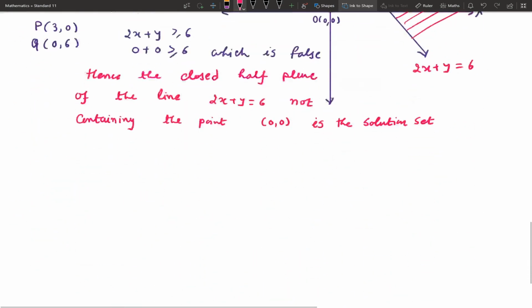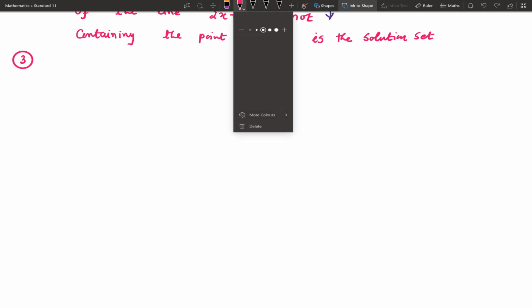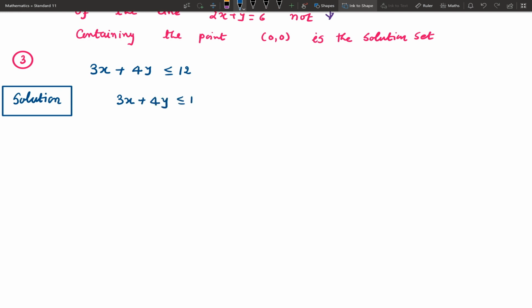We take the next example. 3x plus 4y less than or equal to 12. Solution: 3x plus 4y less than or equal to 12.